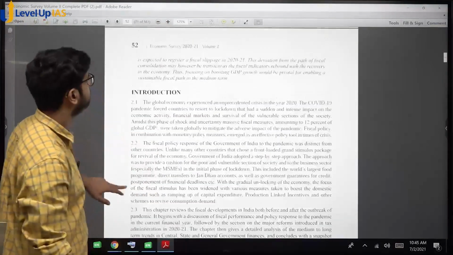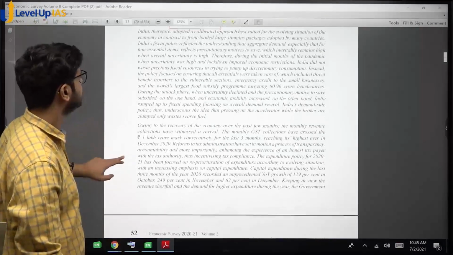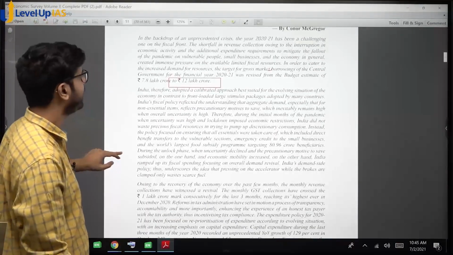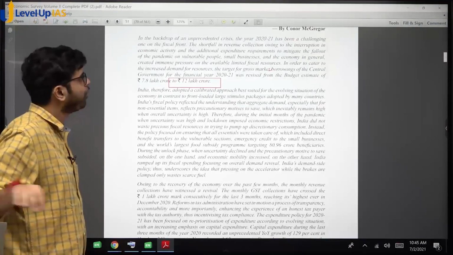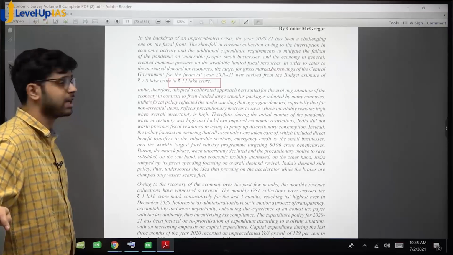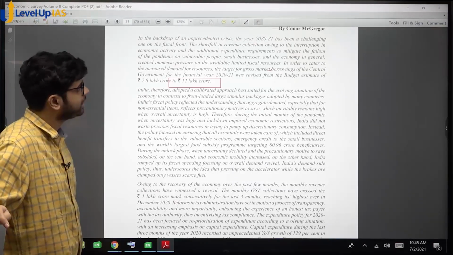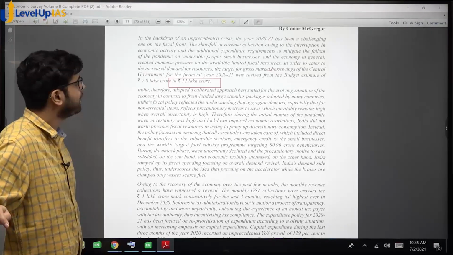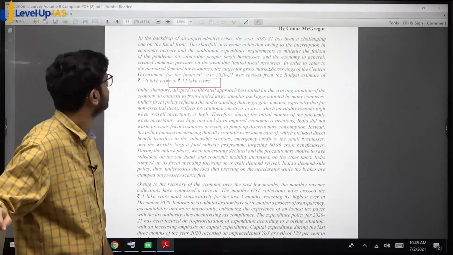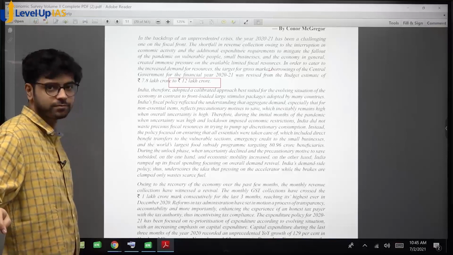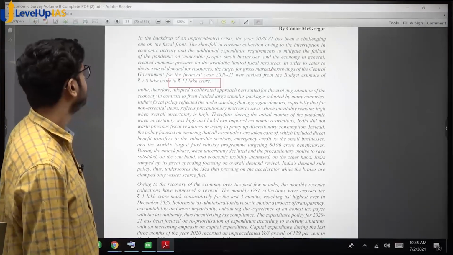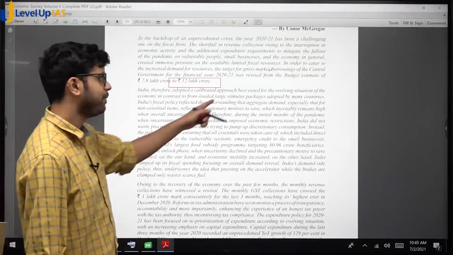Okay, let us read this. This is very important. In the backdrop of an unprecedented crisis, the year 2021 has been a challenging one on the fiscal front. Shortfall in revenue collection owing to the disruption in economic activity and the additional expenditure requirement to mitigate the fallout of the pandemic on vulnerable people, small businesses and the economy in general created immense pressure on the available fiscal resources.